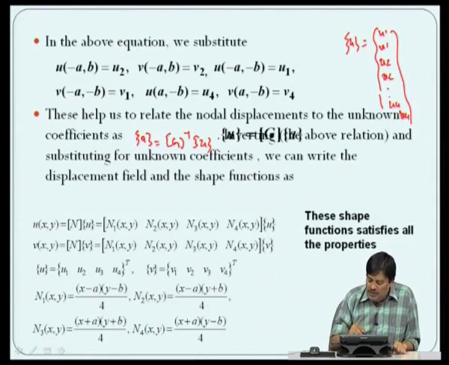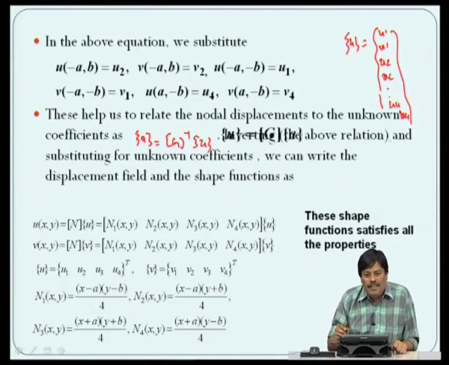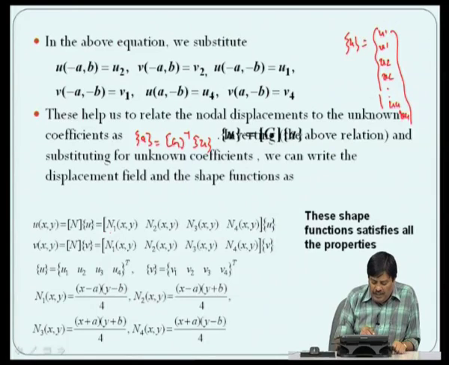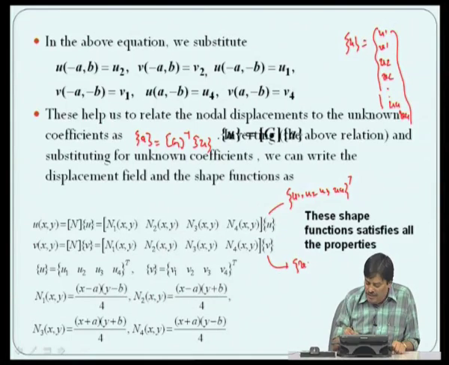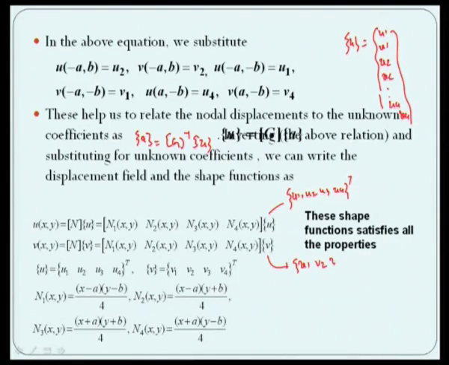When I substitute this back into this relation and simplify, we can write u equal to N1 N2 N3 N4 into only the u degrees of freedom, which will have u1 u2 u3 u4 transpose, and this will have only the vertical degrees of freedom, that is v1 v2 v3 v4.